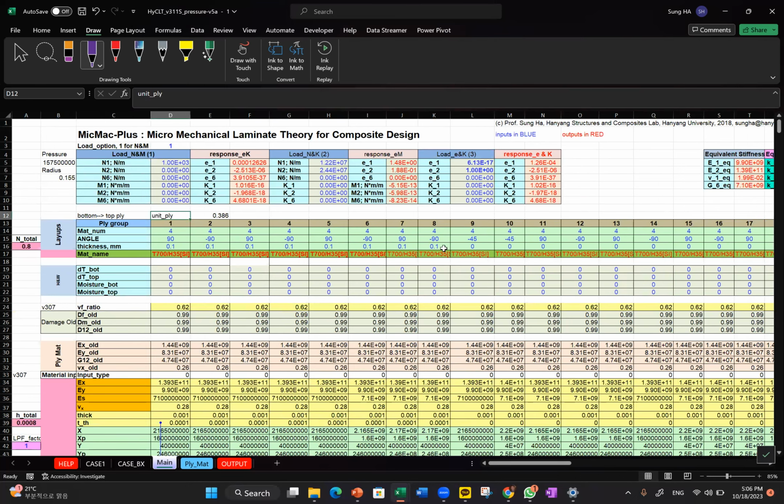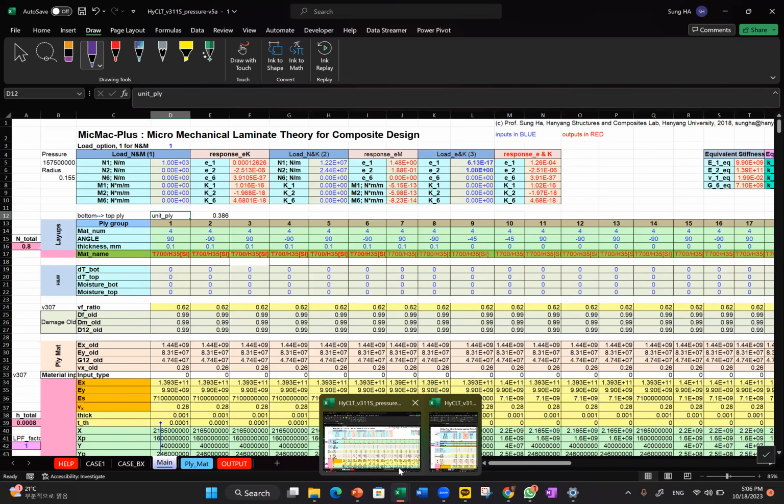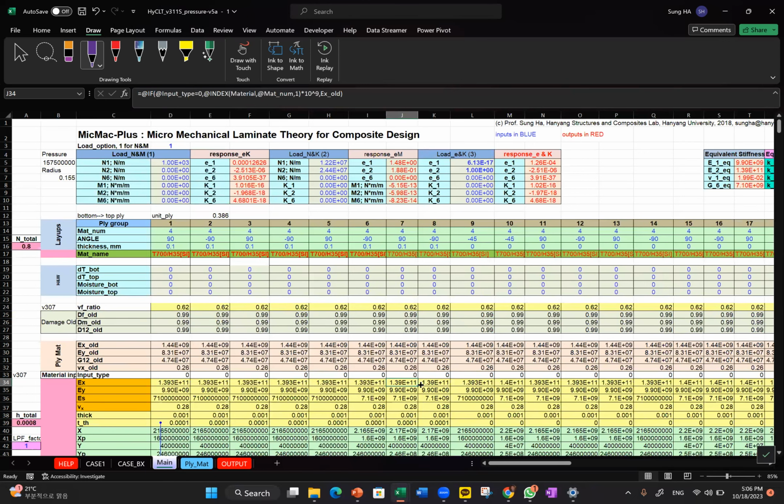So this is what we are going to cover. Today we just covered how to use this tool, a tool called HY, which means the Hanyang Classical Laminate Theory version, version 311.